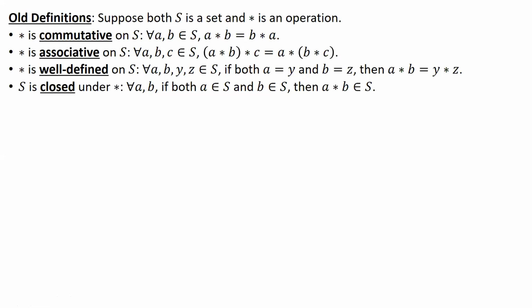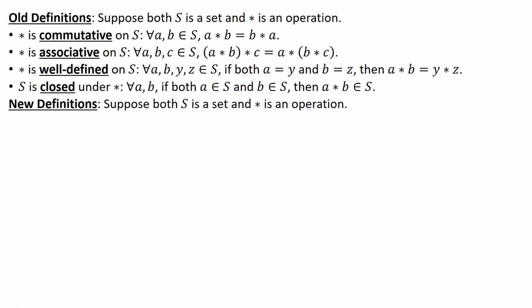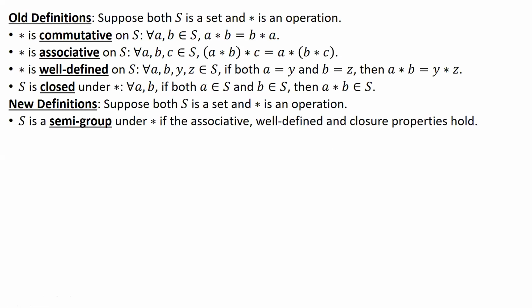Now, for a new definition, we want to look at algebraic structures that have all four of these properties. And we want a special name for those structures. So suppose that both S is a set and star is an operation. S is a semigroup under star means the associative, well-defined, and closure properties hold. Or in the bullseye, you see orange, yellow, and green.